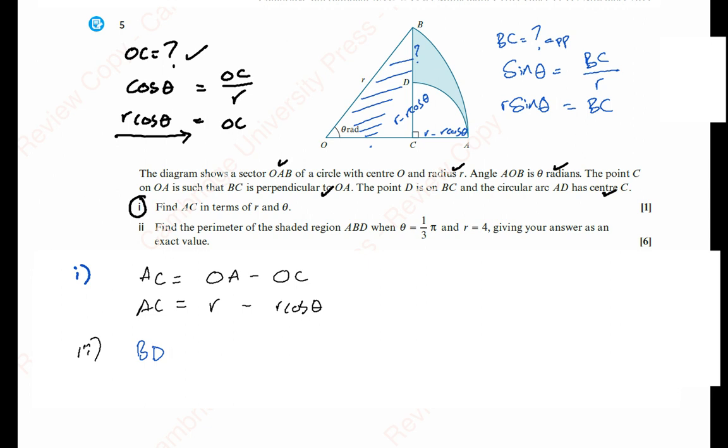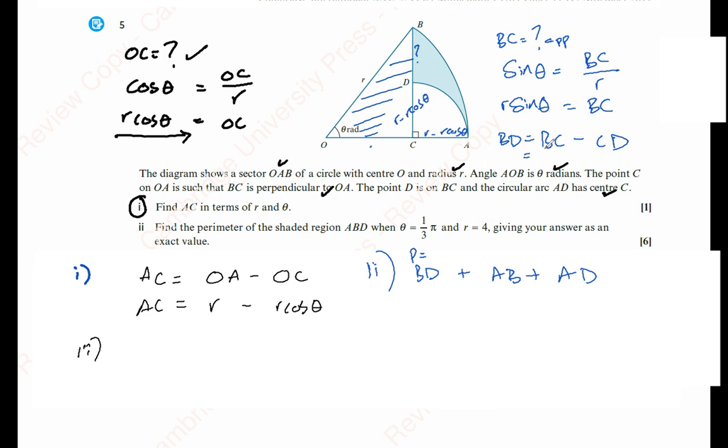by the way, let me first write the formula for the perimeter, right? So the perimeter of this shaded region is going to be BD plus the curve AB plus the curve AD, and that's going to be what I want. Now we just found BD, and we're saying that BD is equal to BC minus CD.